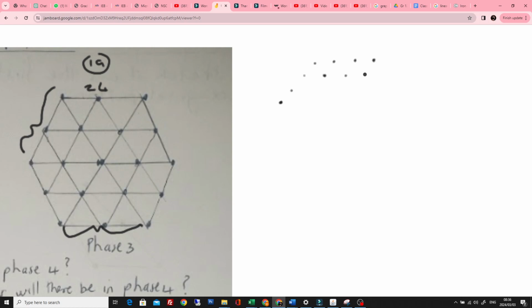It's going to be 5 in the second layer, then 6 in the third, and then 7 in the fourth little layer.